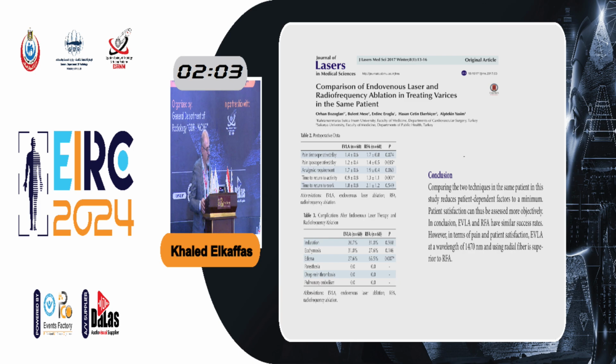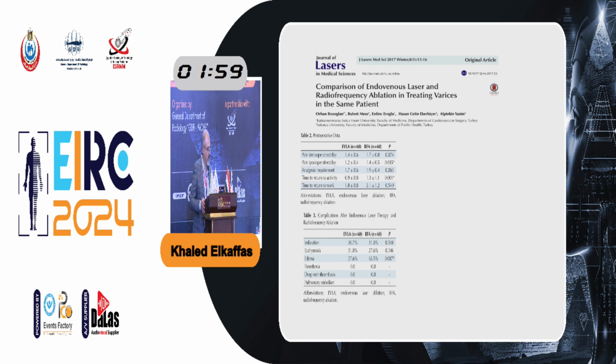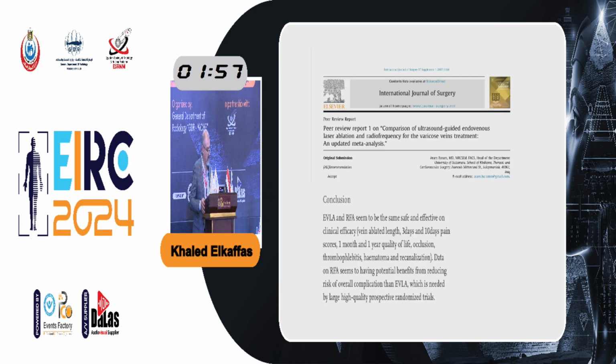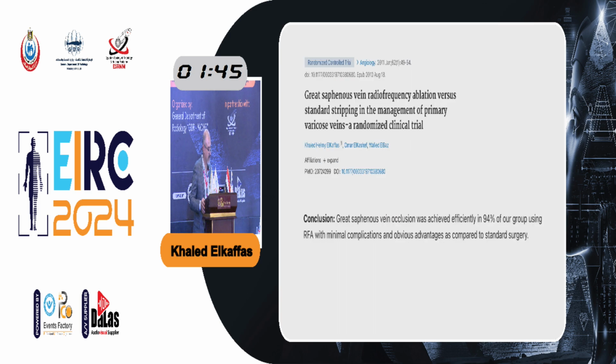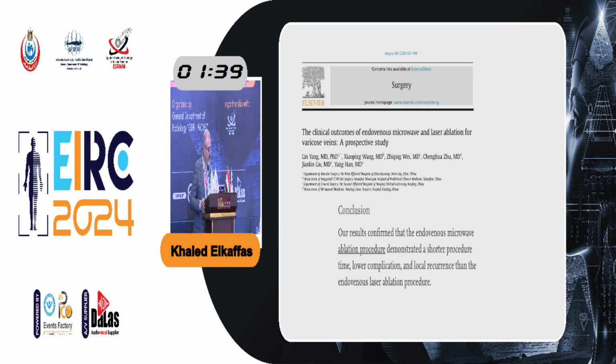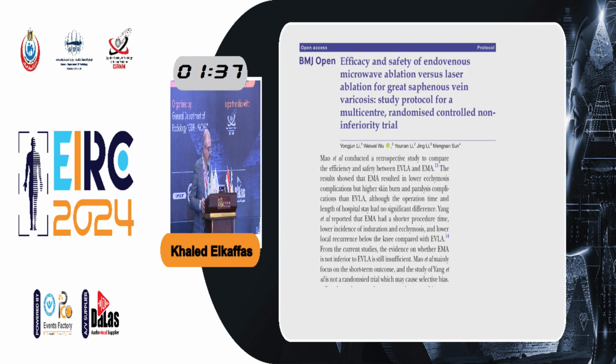Another publication comparing them found both equivalent in occlusion rates. Most of them concluded that they have similar occlusion rates with similar complication rates. Here is regarding the radiofrequency ablation, and also the microwave ablation.